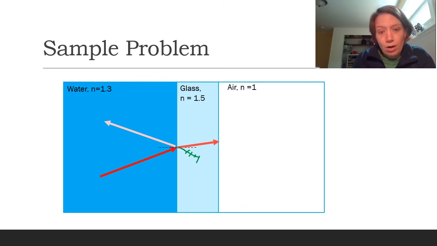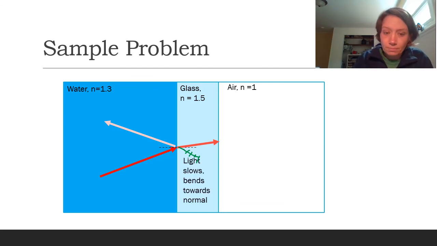So now we've got our second interface that we're hitting. That light ray that was transmitted into the glass is now going to go into the air. So I need to draw a new normal line at the location where that ray intersects the new medium boundary. And again, I'm going to draw another reflection. That reflection is going to hit the surface of the water, and it's going to reflect and refract, but I didn't go that far. In theory, you could keep going with that ray as well.